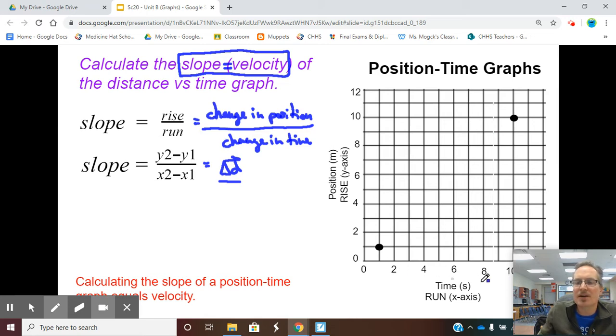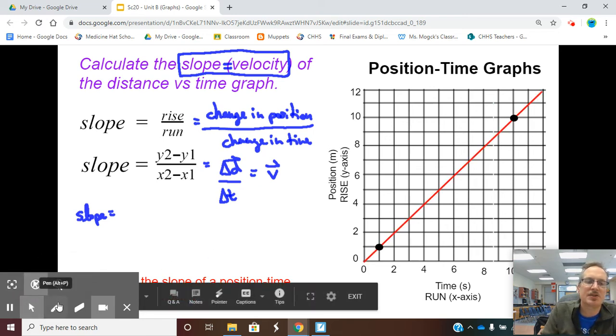My run across the x-axis is going to be my change in time. And remember this, because that's going to equal my slope, that's going to be what my velocity is. The formula makes sense. Rise over run, position over time. So let's substitute this in and find my slope in this example.